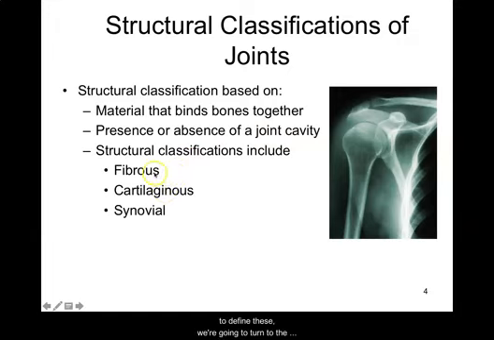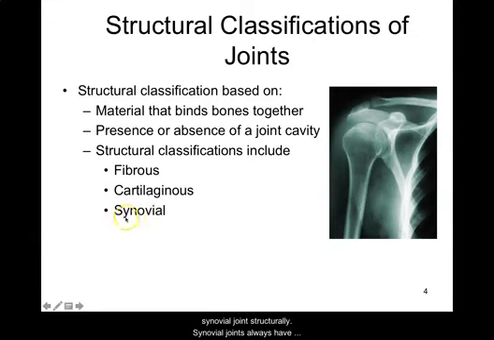And to define these, we're going to turn to the materials. So no joint cavity, the main connecting material is fibrous connective tissue. That's a fibrous joint. No joint cavity and the main connecting material is cartilage, then we define that as a cartilaginous joint. If there is a joint cavity, a fluid-filled capsule surrounding the articulating surfaces, all joints with a joint cavity will always be classified as a synovial joint structurally.